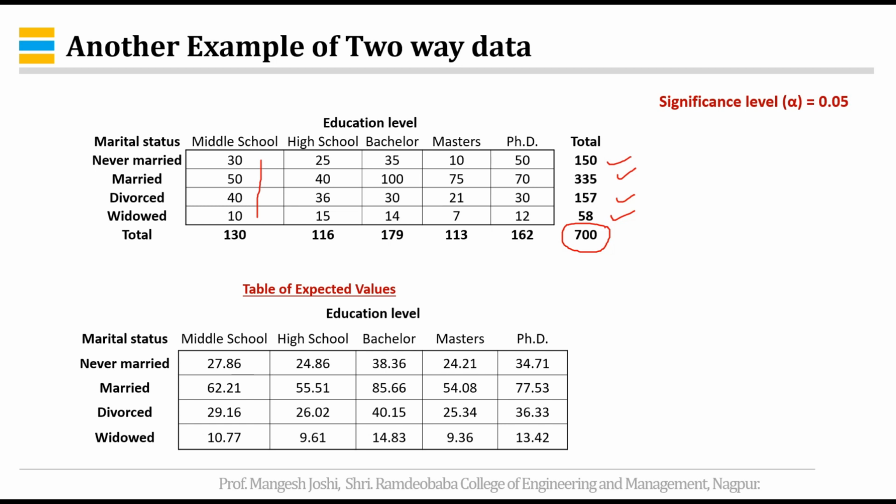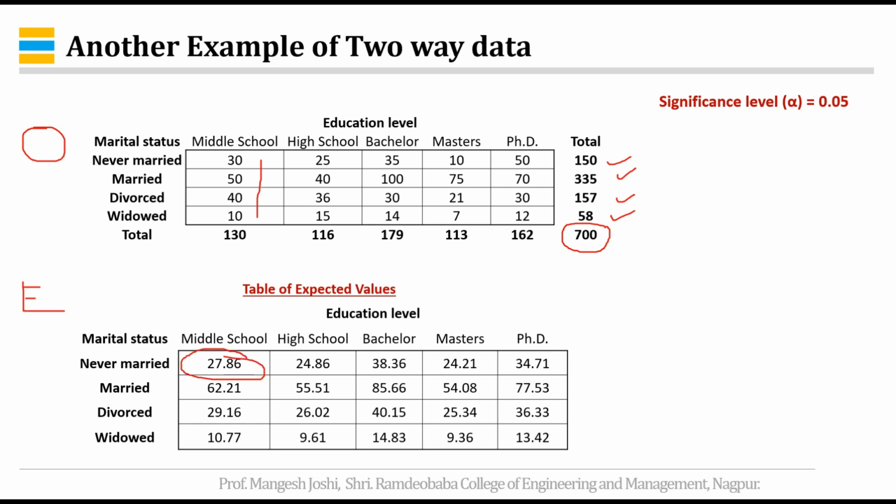Now the next step: you have to calculate the table of expected values. These are the observed values, which are represented by O, and this table represents the expected values. Now, how to calculate the expected value for, let us say, this cell.